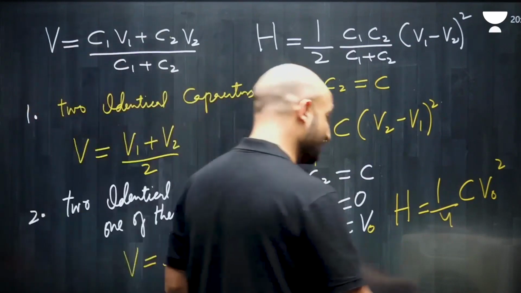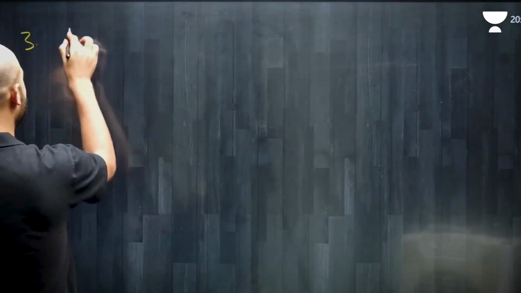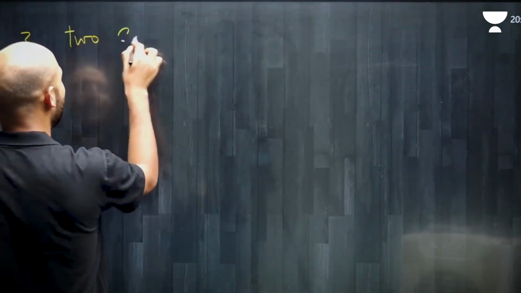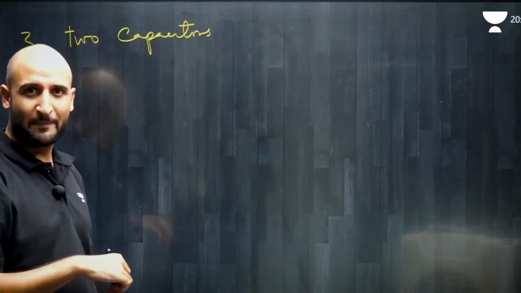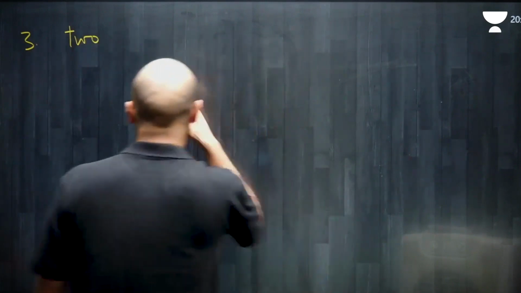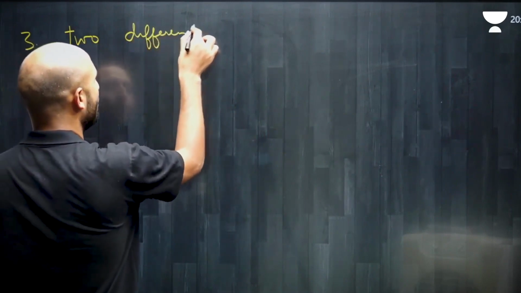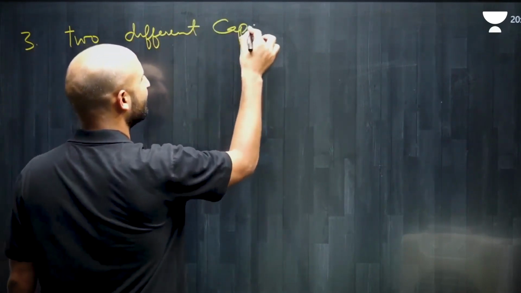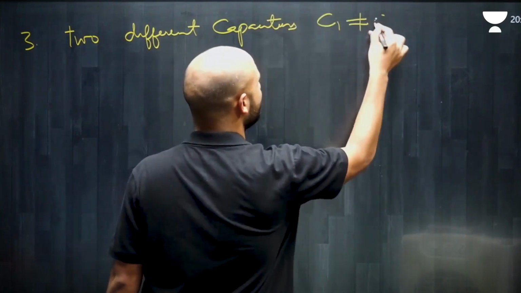Now let's talk about one more case, and that's the third case. You have two capacitors. In fact, to be more precise, two different capacitors. That means C1 is not equal to C2.